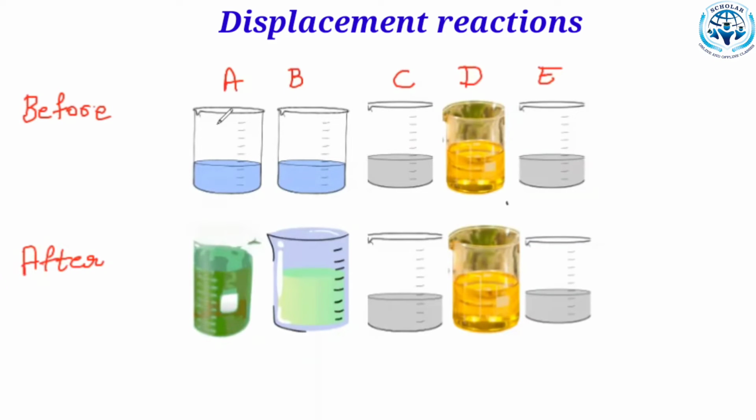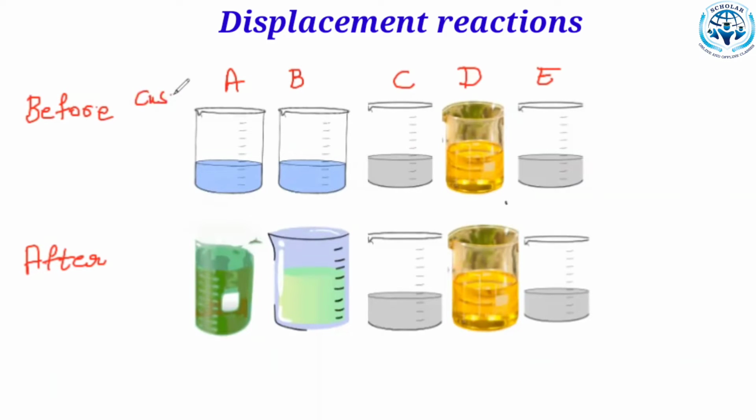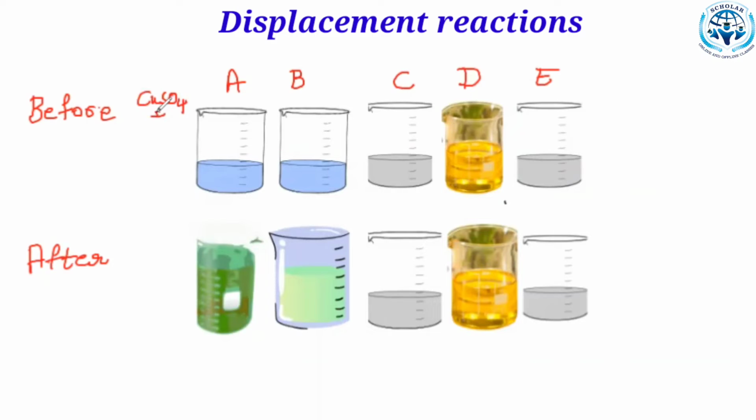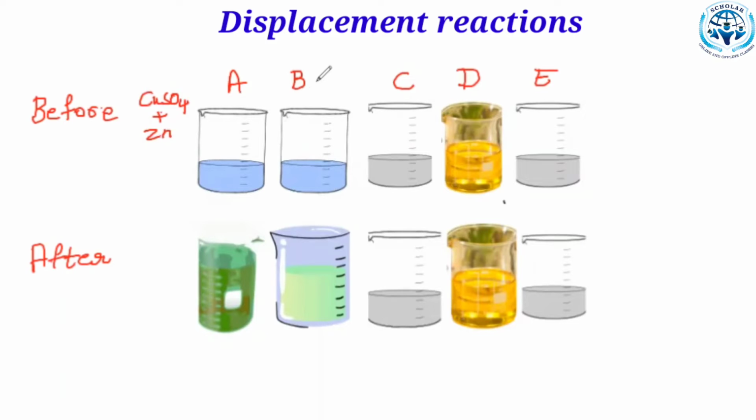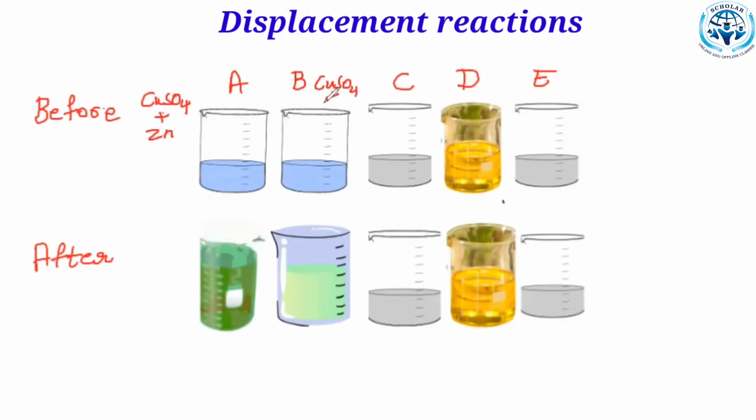In beaker A, copper sulfate, CuSO4, is reacting with zinc granules, Zn. In beaker B, CuSO4, copper sulfate, is reacting with iron, Fe.